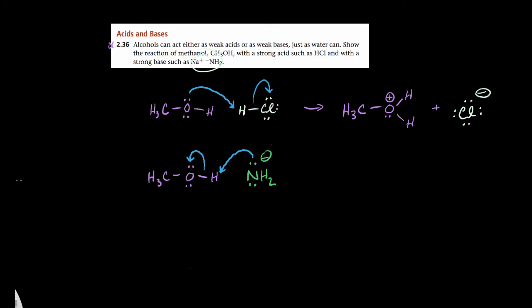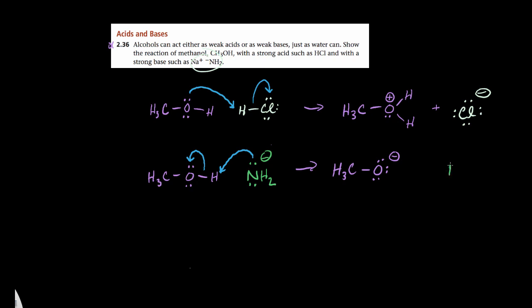And so if we draw the products of this reaction, we have methanol, which has been deprotonated. So we've lost that proton, and now we have O minus, and then NH2 has pulled off a proton.